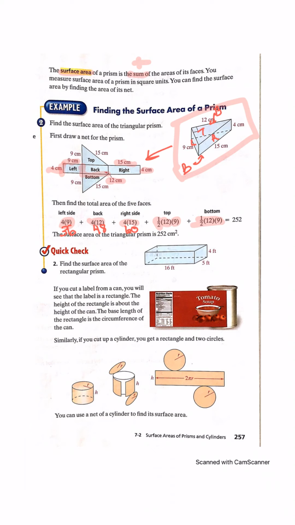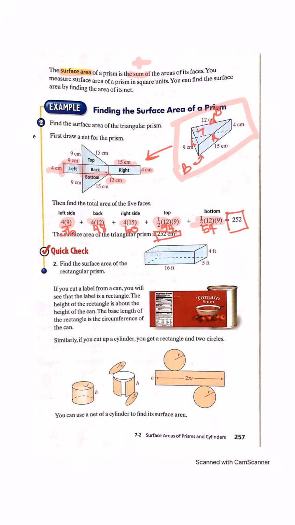So we end up having 9 times 12 divided by 2, which equals 54. So we have 54 here, 54 here. When we add them all together, 252 is our answer. So therefore, the surface area is 252 centimeters squared. Sorry, I kind of wrote right through that.